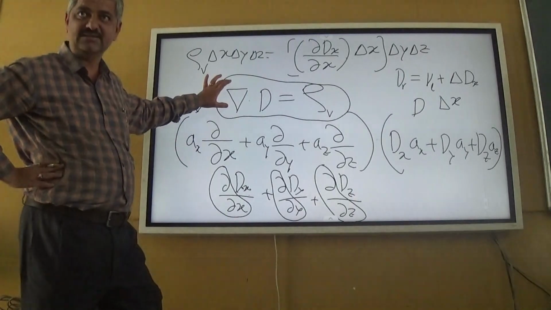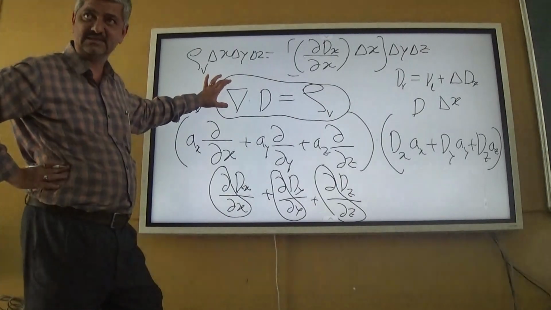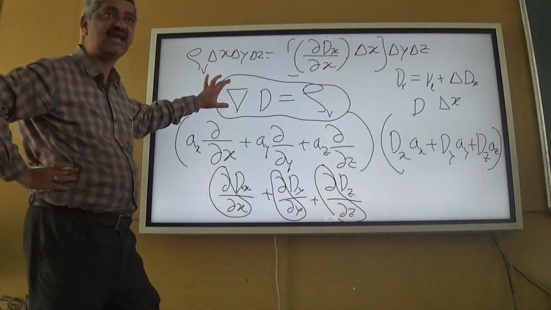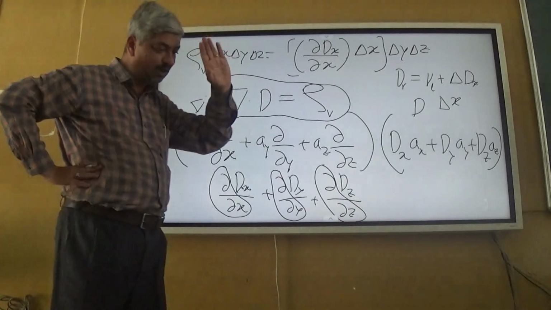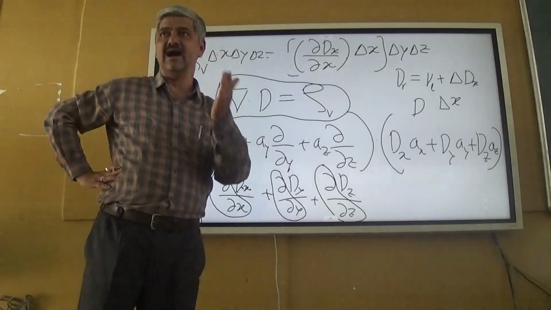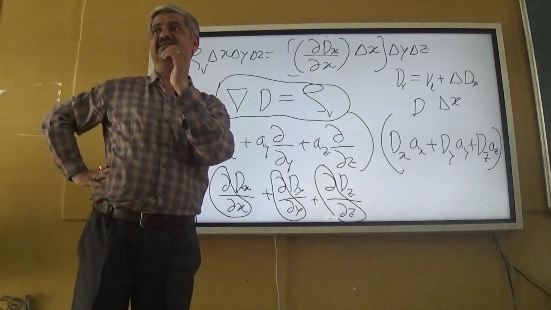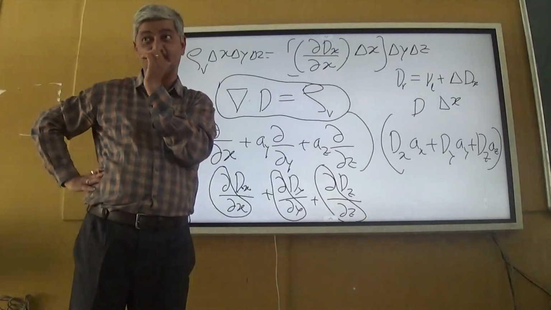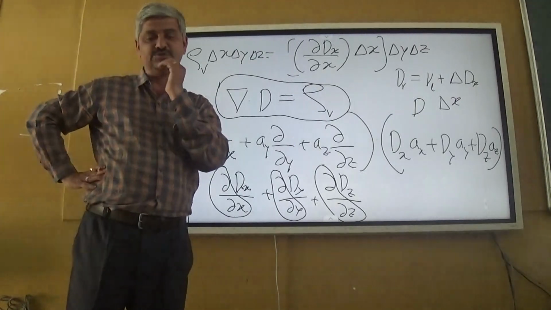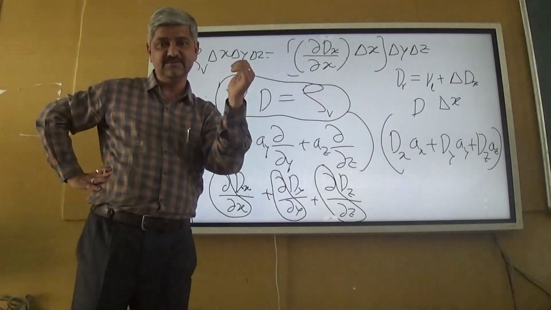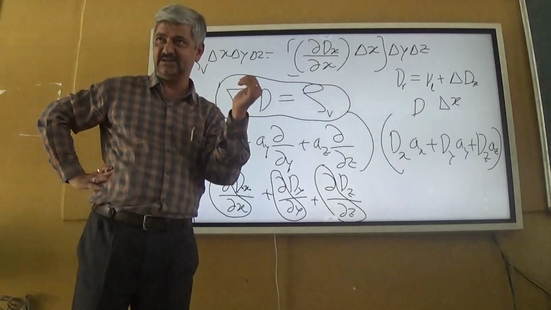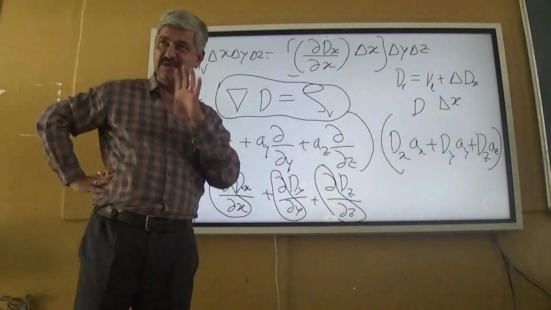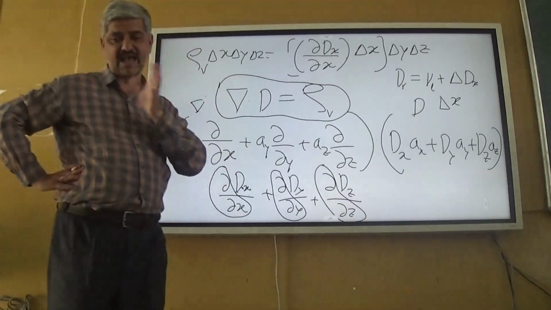It has to be with ammonium chloride, ammonium sulfate, like that. So this del doesn't have an independent existence. It's an operator, not a vector, a vector operator. It has to come with a gradient, with a scalar, or a dot product with another vector, or a cross product with another. Mere del is imaginative.